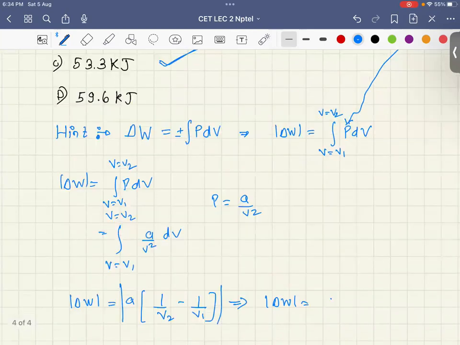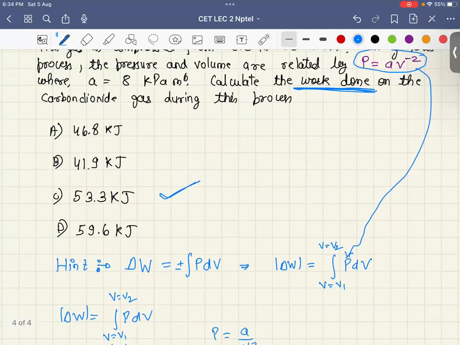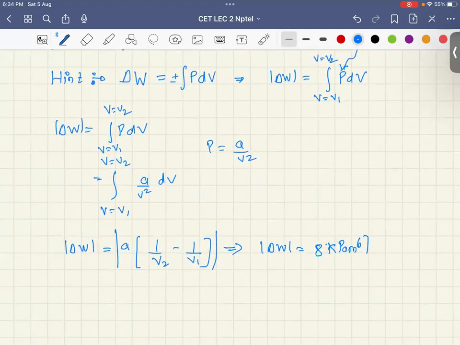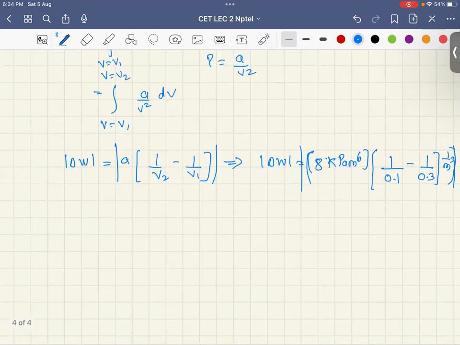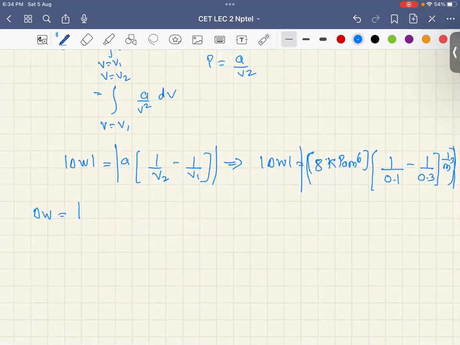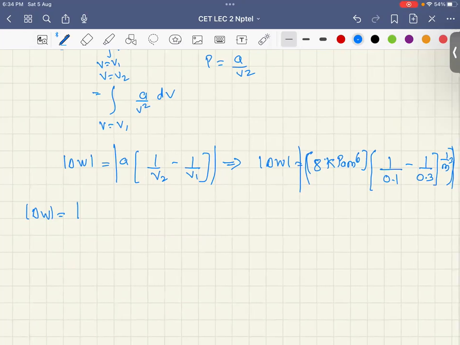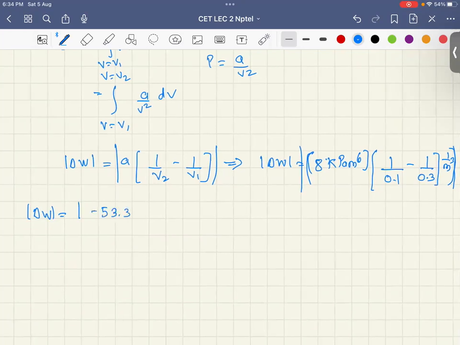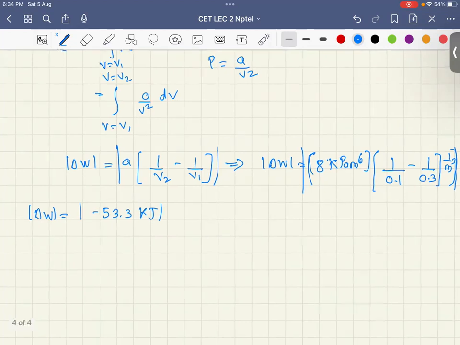So what is A? A has been given as 8 kilopascal meter to the power 6, into 1 by 0.1 minus 1 by 0.3, 1 by meter cube, and this whole under mod, right? That's why mod of delta W is nothing but minus 53.3 kilojoule, which corresponds to 53.3 kilojoule.